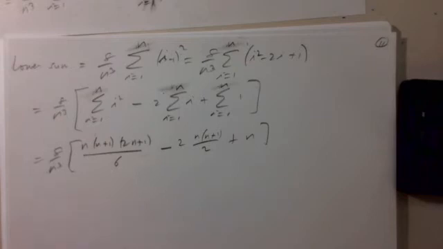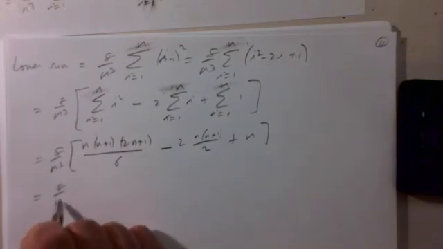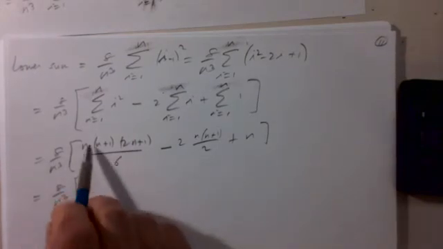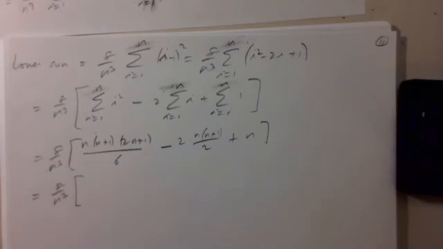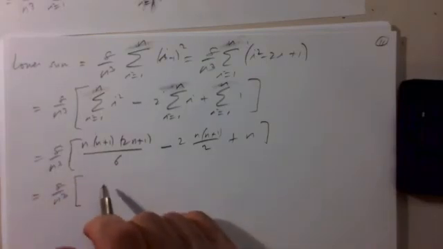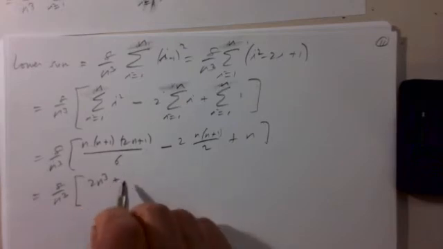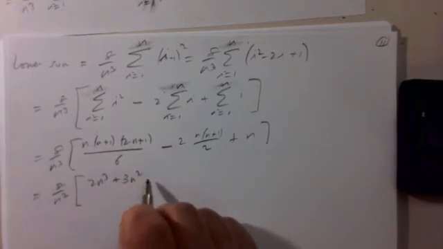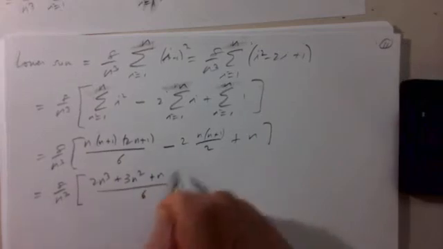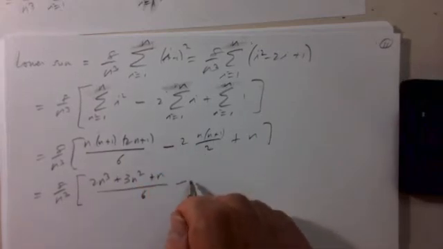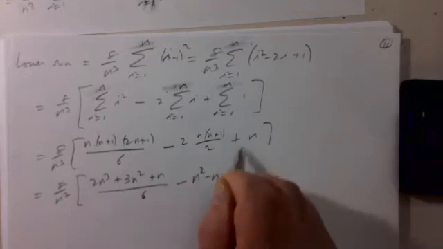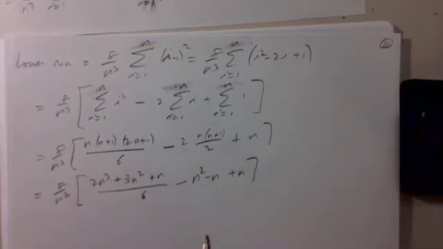So what do we have? Multiply this out. Let me just do it. You get 2n cubed plus 3n squared plus n over 6. These twos cancel. So it's minus n times n plus 1, n squared minus n plus n.